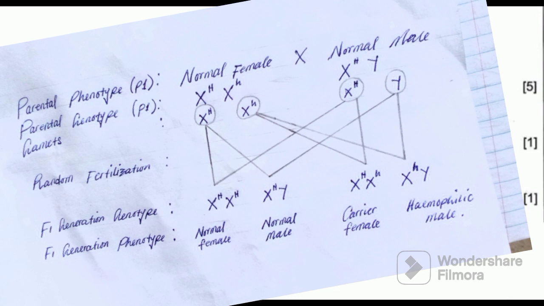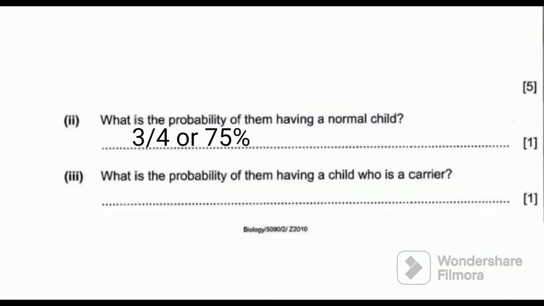So the probability of having a normal child is 3/4. Or if you want, you can also express a probability as a percentage. 3/4 is the same as 75%.